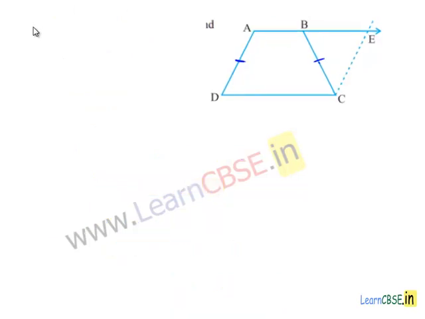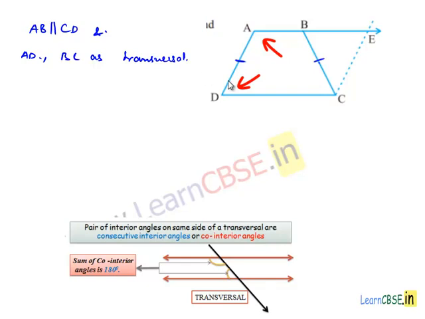Now, if we consider that AB is parallel to CD and AD, BC as transversals, then angle A and angle D lie on the same side of transversal. So we know that sum of angles lying on the same side of transversal is equal to 180 degrees.